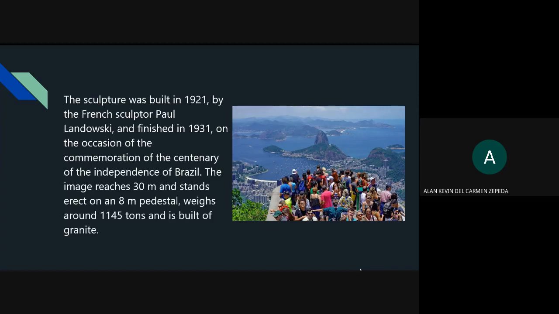The image reaches 13 meters and stands on a pedestal, weighing around 1145 tons, made of granite.